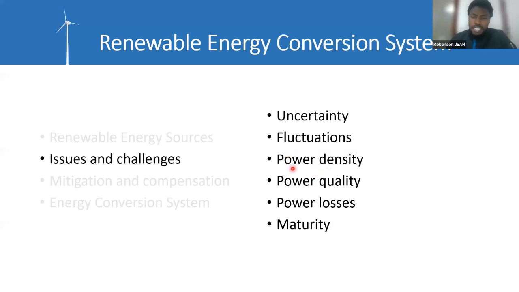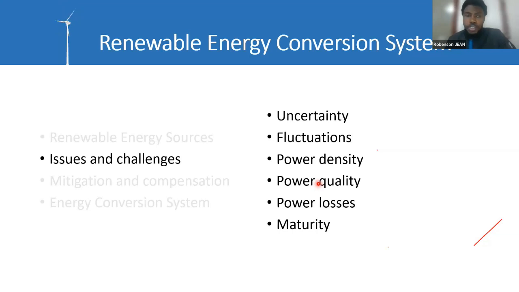Then we have the power density and the power quality, because due to the fluctuation, we cannot have a given value or a fixed value for the output power of a given renewable energy source.